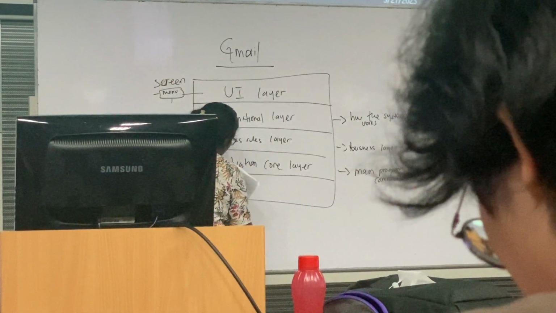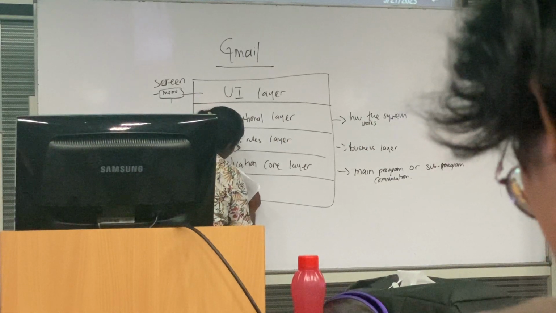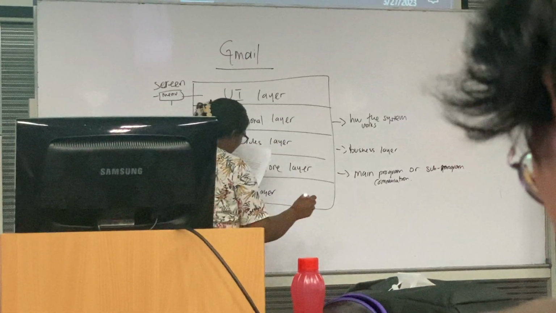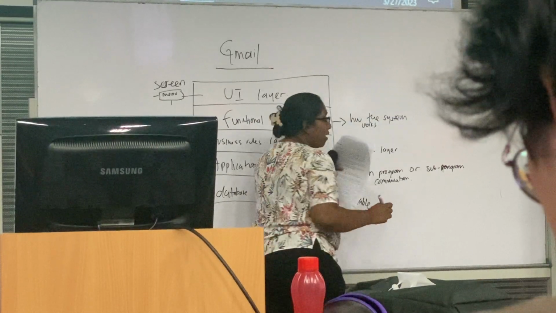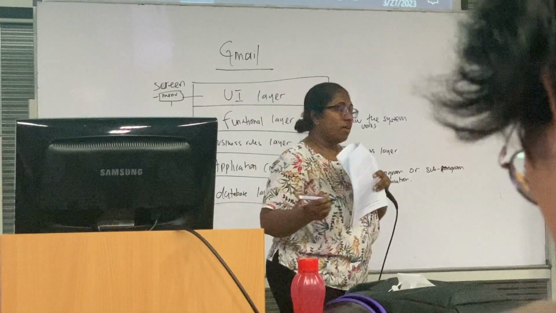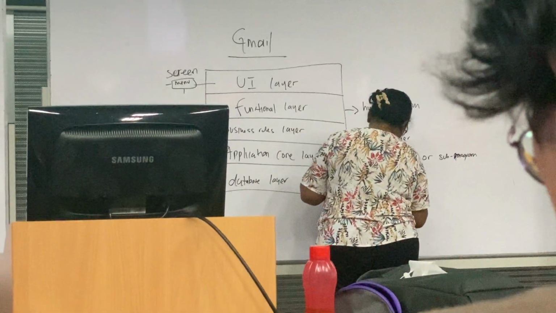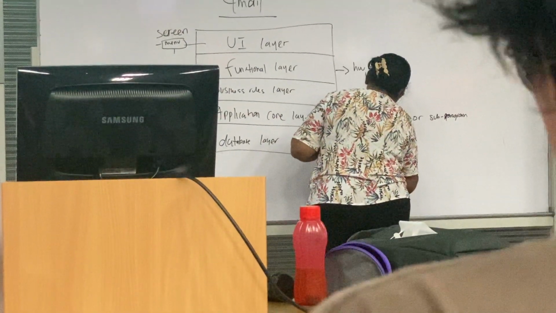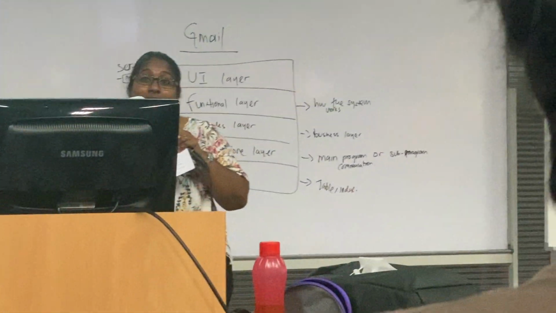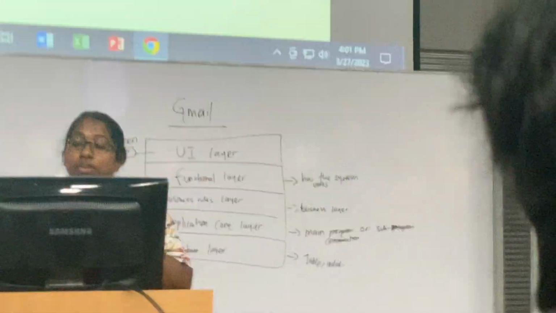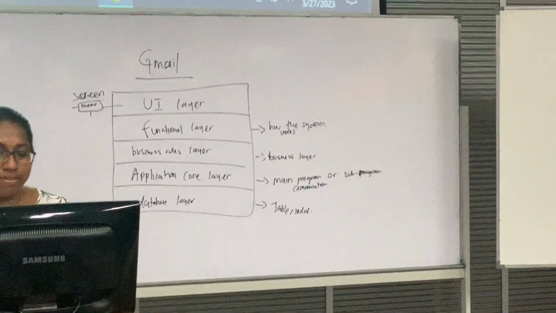Next is the database layer. In the database layer, normally we have the tables, we do have the index, we have the class, all that. So this is the database.